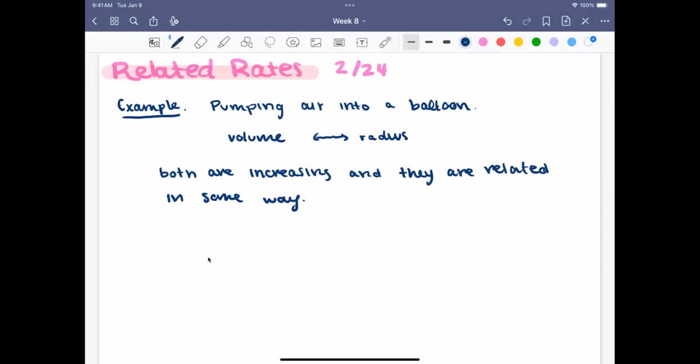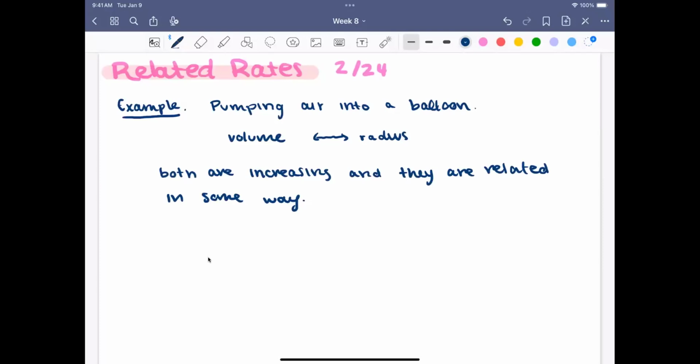The motivation for these types of problems is that typically in a real life application, one of the quantities will be easier to measure than the other. For example, if we're pumping air into a balloon, we might be using a device that pumps a fixed volume of air per second. And from that information, we will be able to calculate the rate of change of the radius of the balloon.